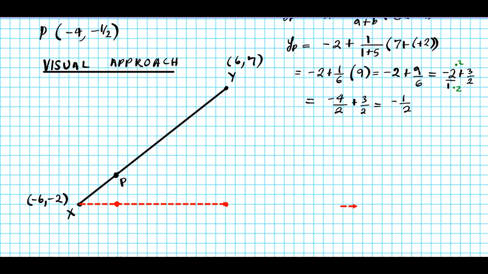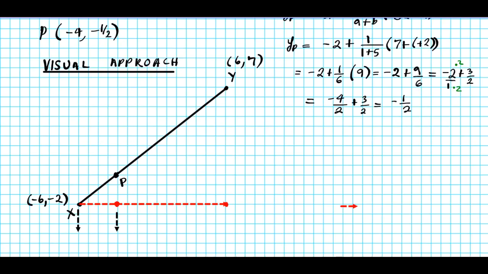We want to calculate the length from here to here. The length is in the ratio of 1 to 5, these two segments right here. So this length is going to be 1/6 of the entire segment.